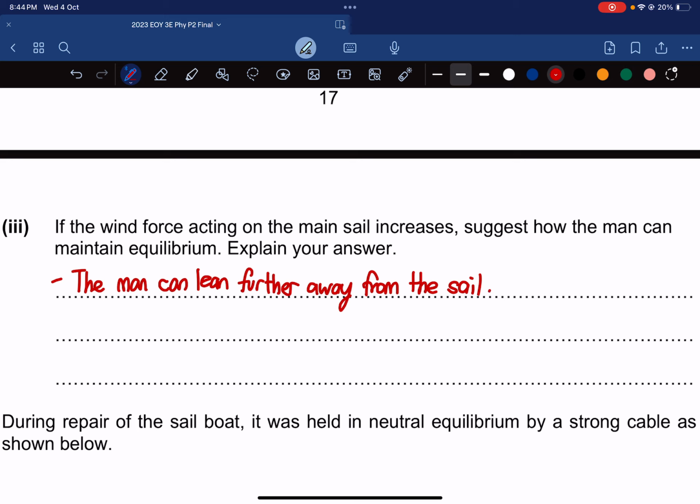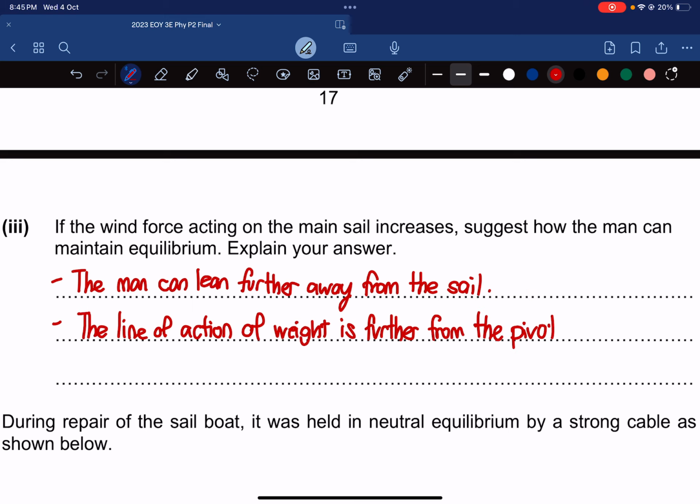Okay, then we follow the question. You are supposed to suggest a method first, then explain your suggestion. After suggesting this method, I will explain why this helps to maintain equilibrium, which follows the same concept. When the man leans backwards, the line of action of the weight is further from the pivot.